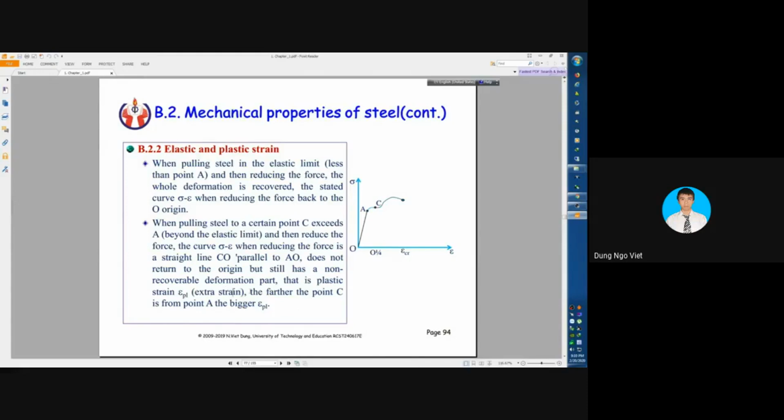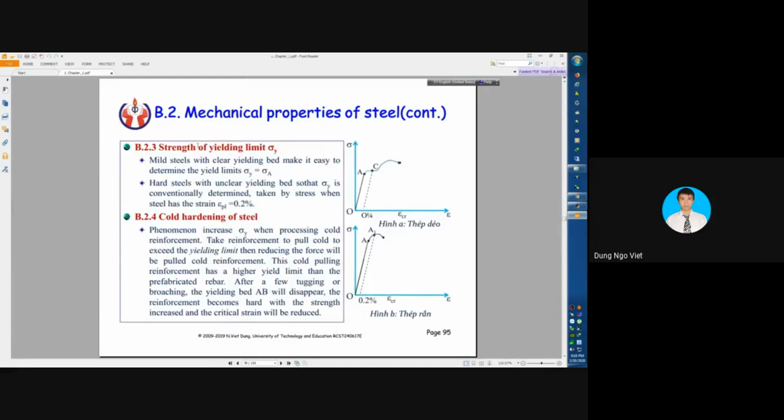Extra strain. And the farther the point C is from point A, the bigger the epsilon PL is. Next is the strength of yielding limits, sigma y.